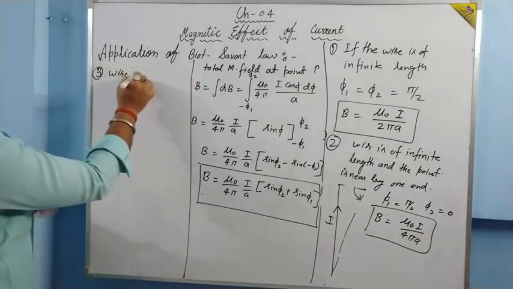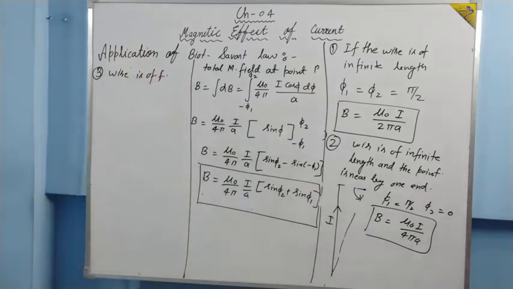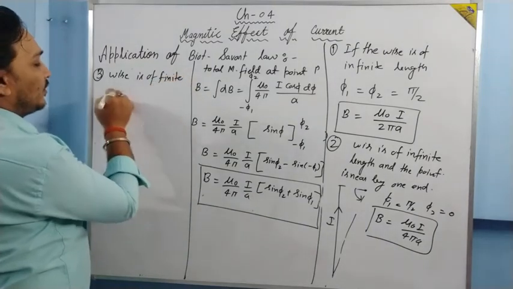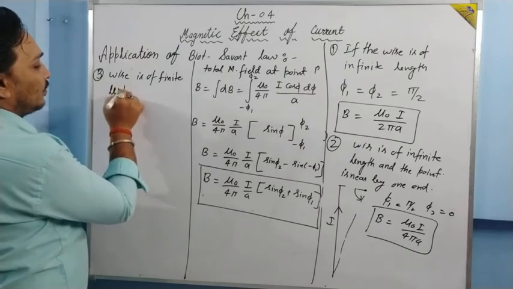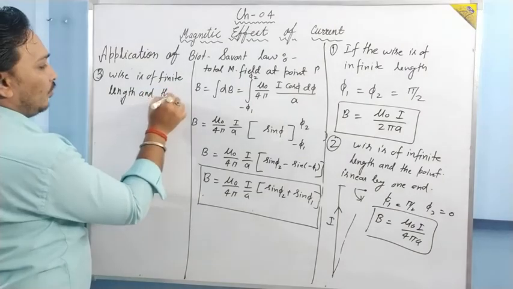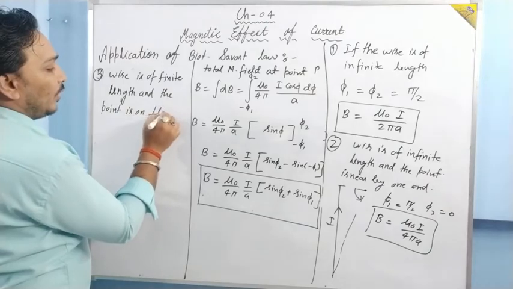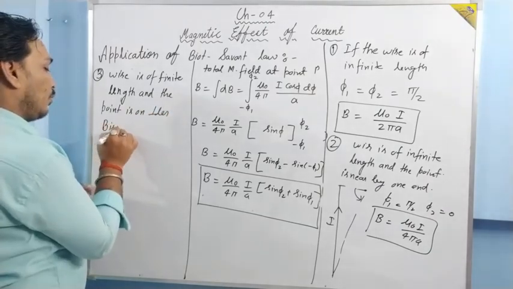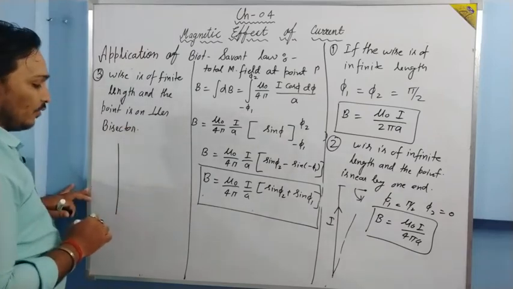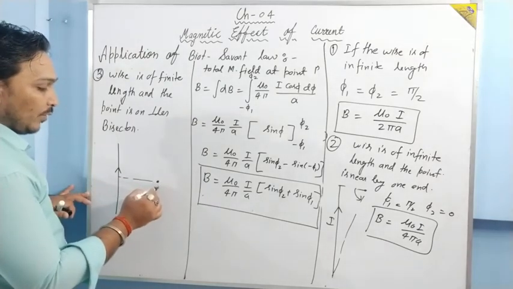Wire is of finite length and the point is on the perpendicular bisector, something like this. Wire is of finite length, okay, and the point is on its perpendicular bisector.